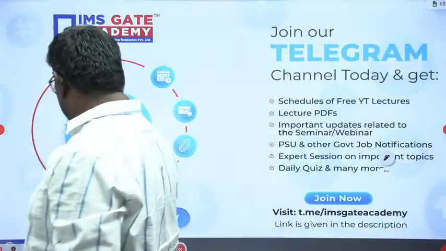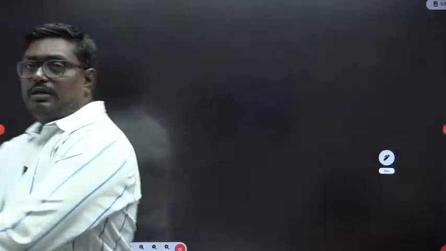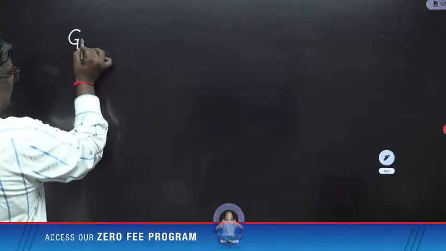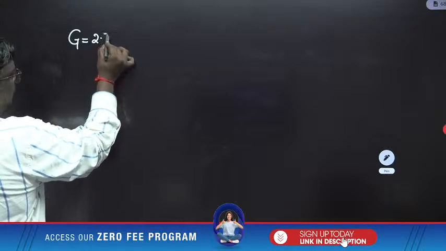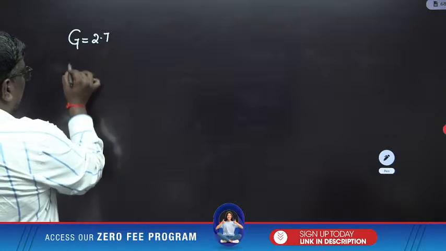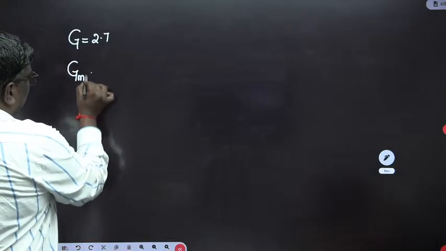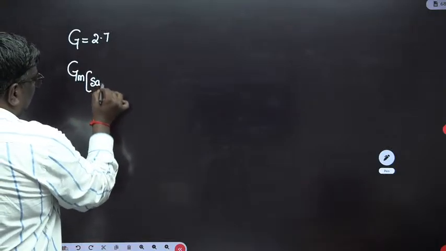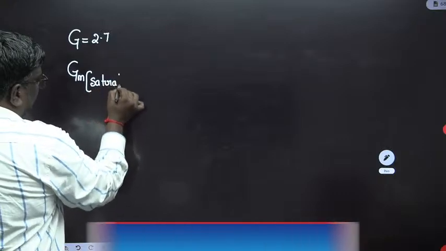Now see students, so here the true specific gravity is given as how much, sir? 2.7. Okay. Now here the mass specific gravity in which state, sir? In saturated state.